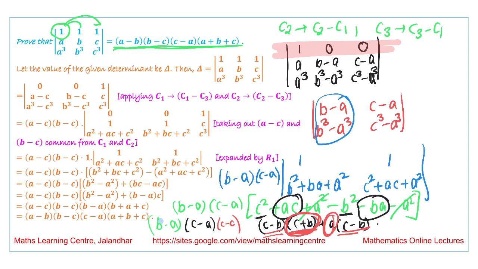We are left with c plus b plus a into c plus b plus a. This is c minus b, and this is what we have to prove. We are talking about the terms over here. It is b minus a, then c minus a, and then b minus c, and then a plus b plus c over here, and this is what we have to prove.